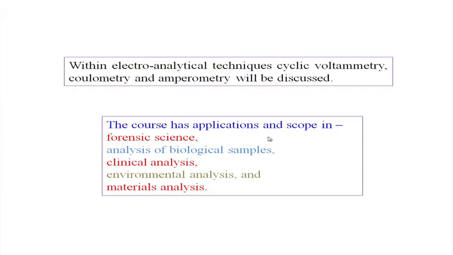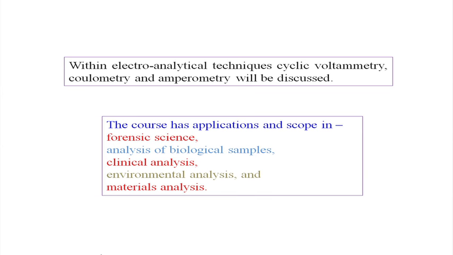This course has a very good application and wide scope in forensic science, because if we go from analytical chemistry to bioanalytical chemistry, doctors and physicians use clinical chemistry. Analyzing our blood sample, urine sample or any other sample from our body depends on analytical chemistry.